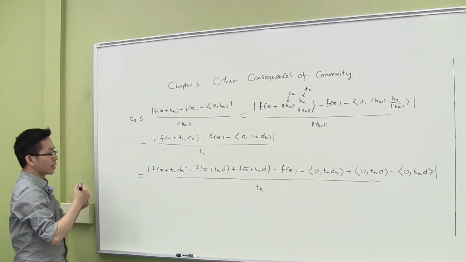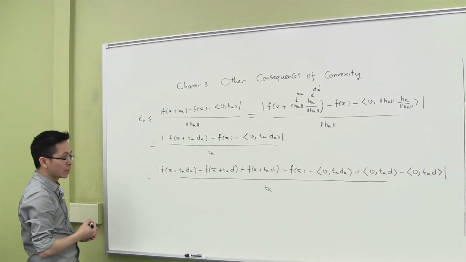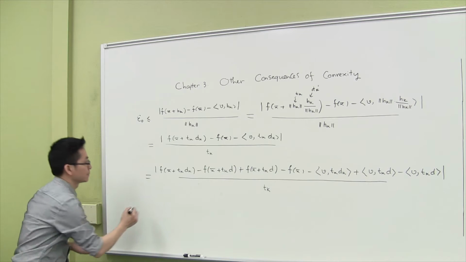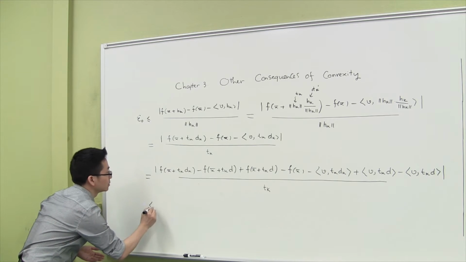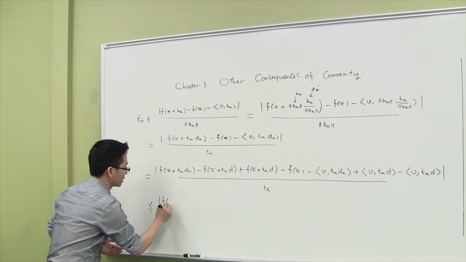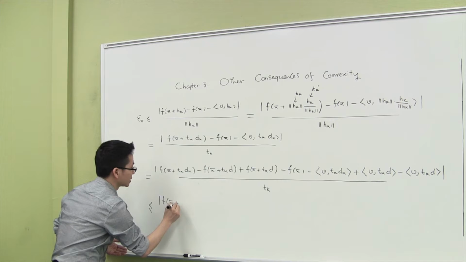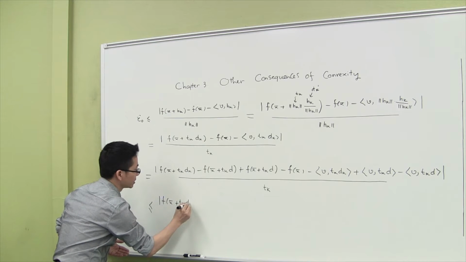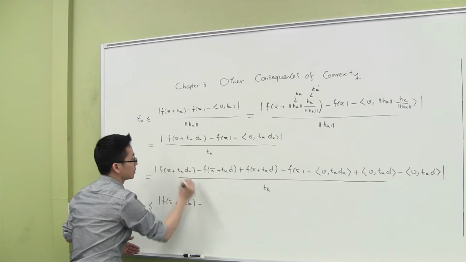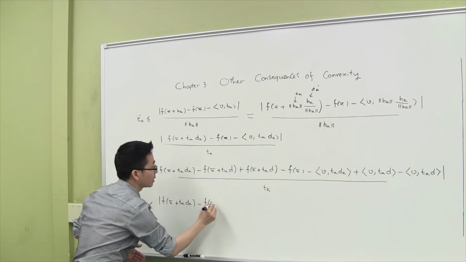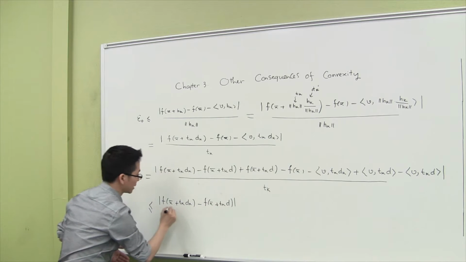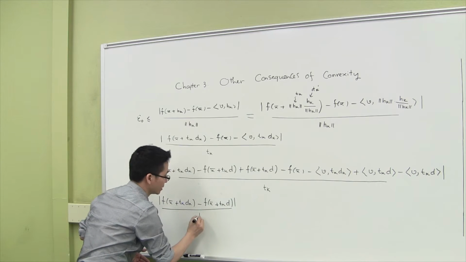Now we are going to use the triangle inequality to obtain the following. This is less than or equal to the absolute value of f of x bar plus tk times dk minus f of x bar plus tk times d, and everything is divided by tk.